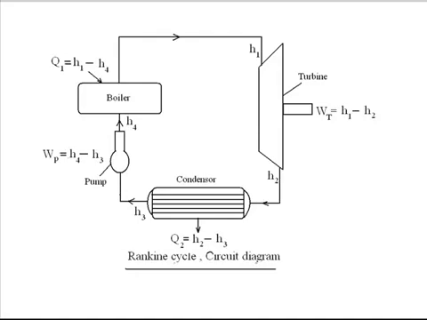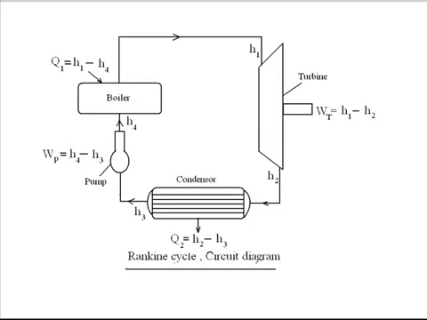Steam is entering with enthalpy H1 and exiting with enthalpy H2. H1 is greater than H2 because some amount of enthalpy converts into work done by the turbine, and the steam comes out of the turbine with the remaining enthalpy. So the specific work done by the turbine will be H1 minus H2.